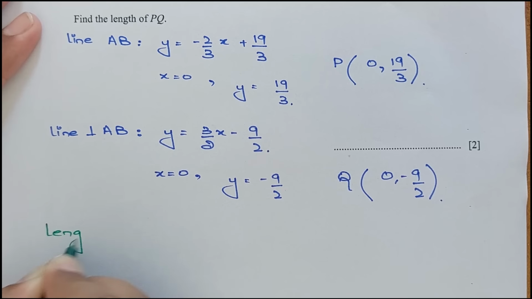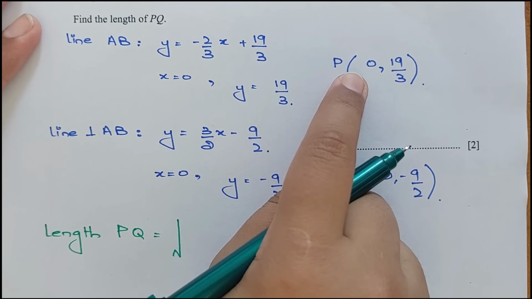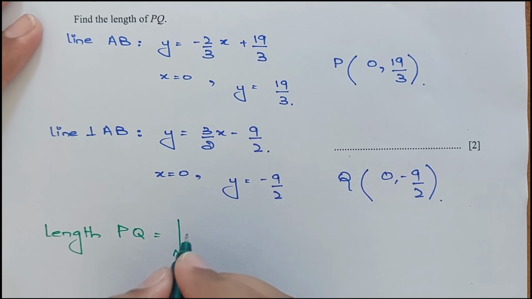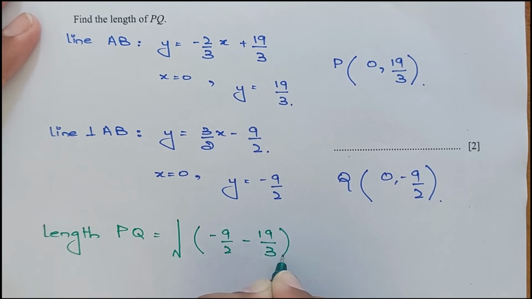So the length of PQ is the square root of the x component squared, (x2 minus x1) whole square, plus (y2 minus y1) whole square.